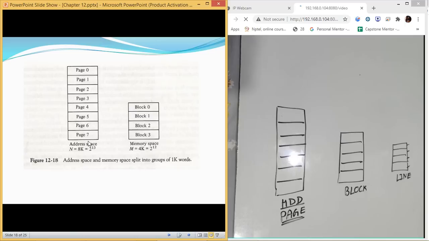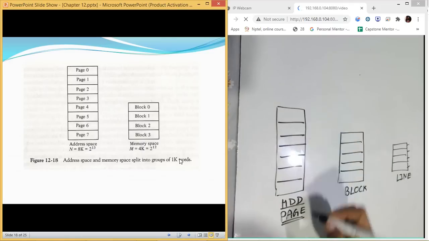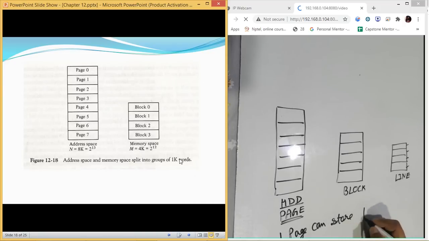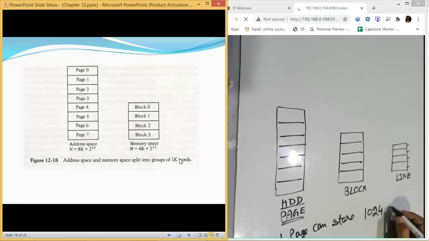If each page is 1k, it means in one page we are able to store 1024 words, in groups of 1k words. That is how we are going to check this.